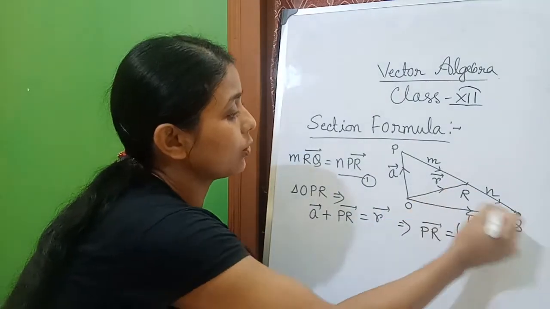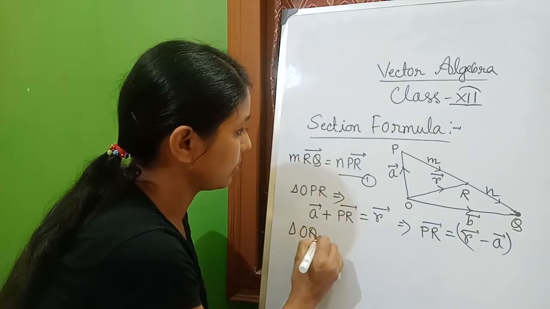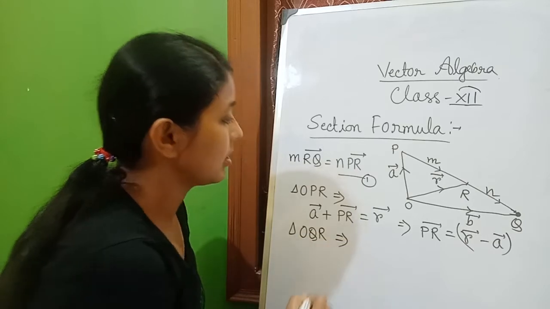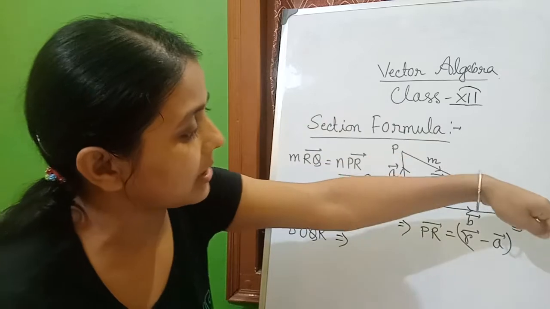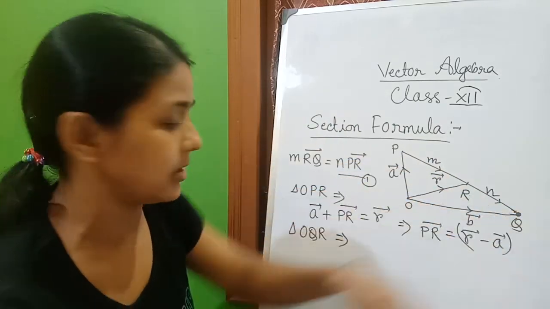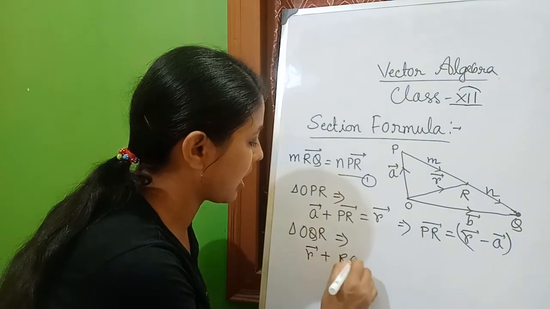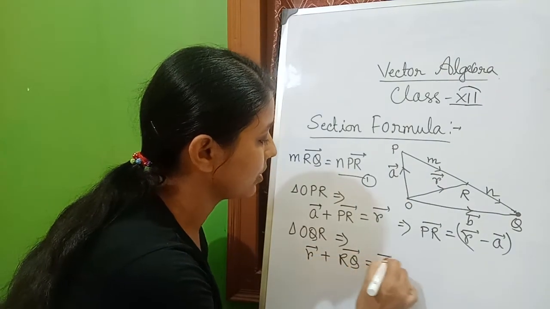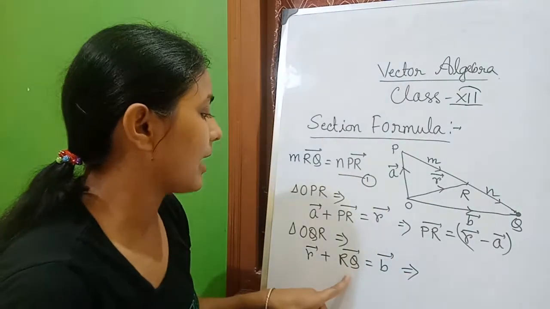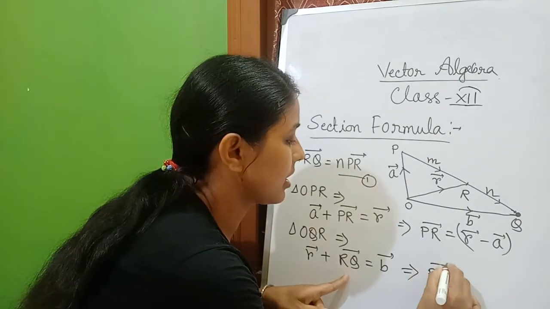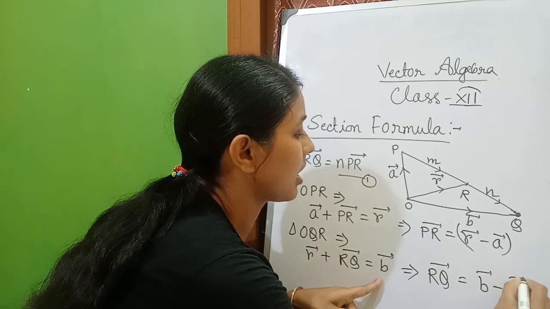Then I am taking the lower triangle, triangle OQR. From this we can see that R vector plus RQ vector equals B vector, and it implies RQ vector equals B vector minus R vector.